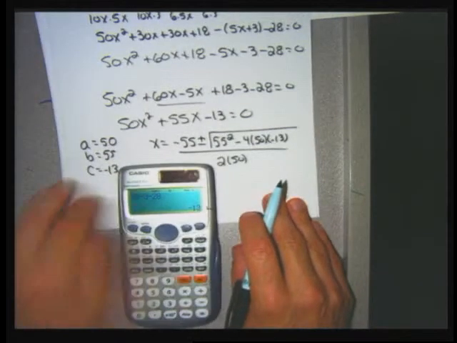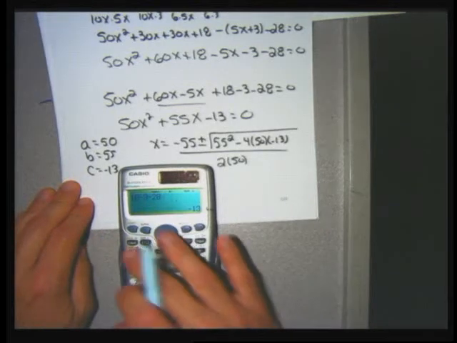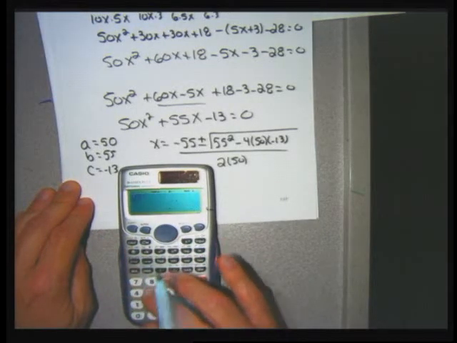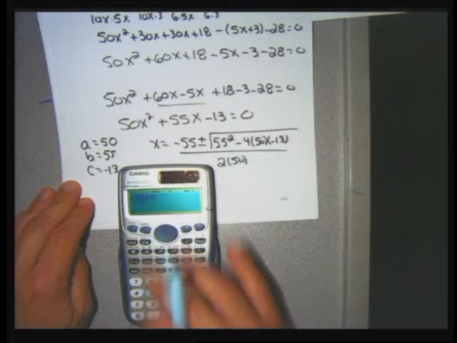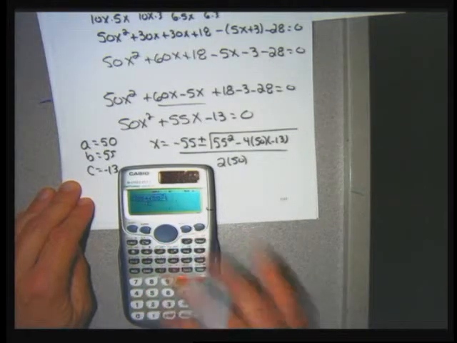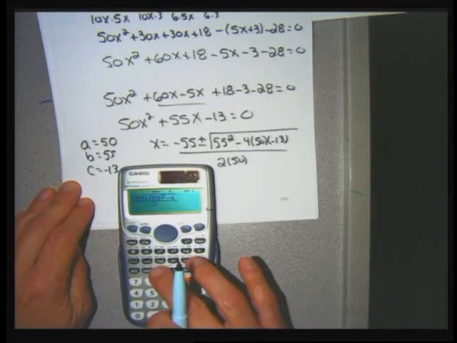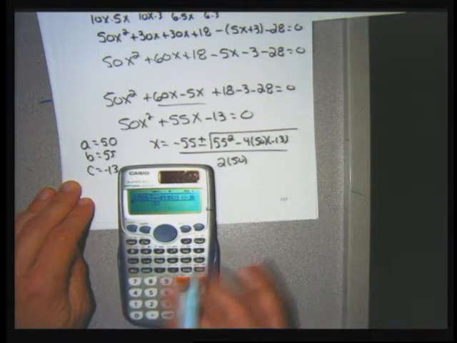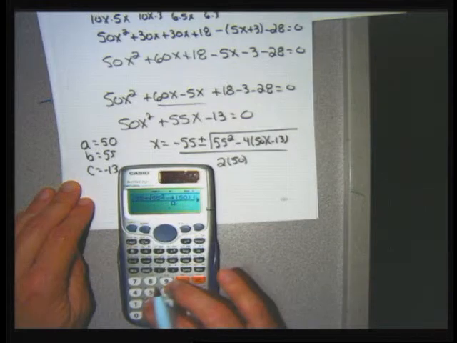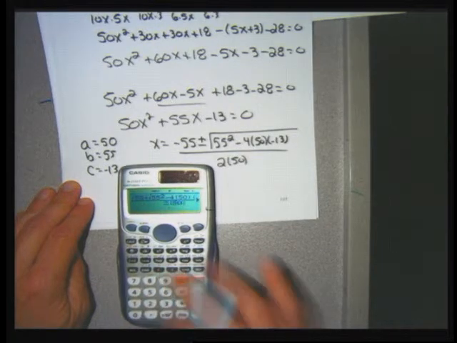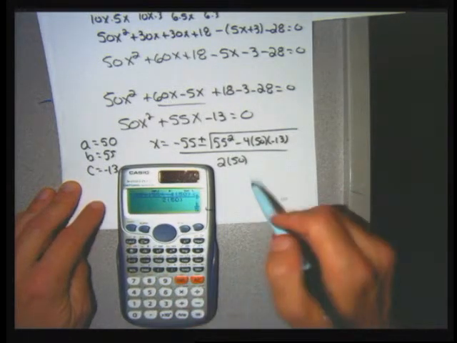So best I can now, fraction negative 55 plus square root 55 squared minus 4 parentheses 50 parentheses negative 13 over 2 parentheses 50 gives me 1/5.